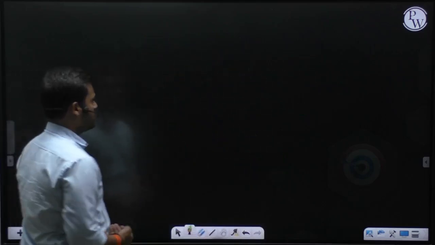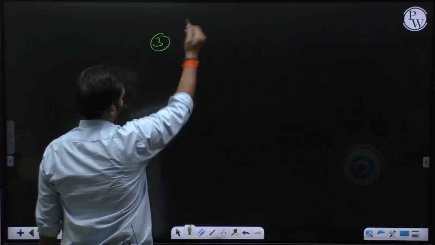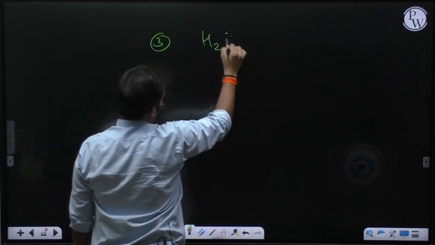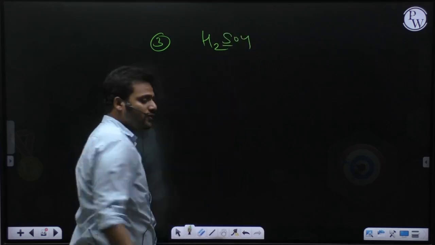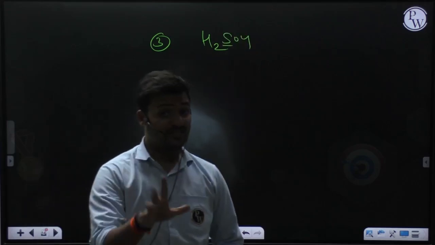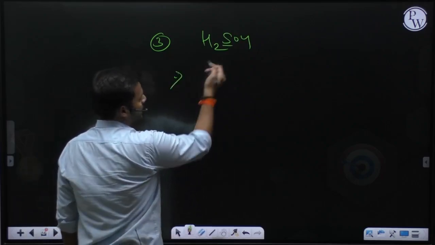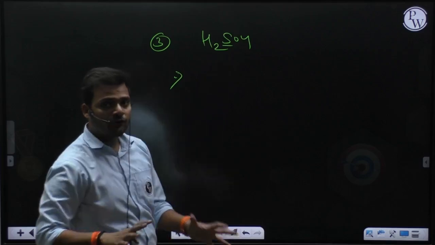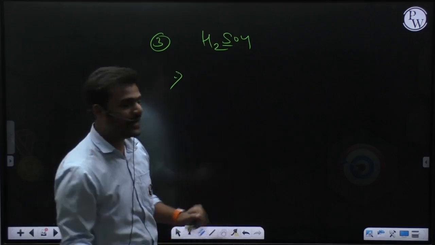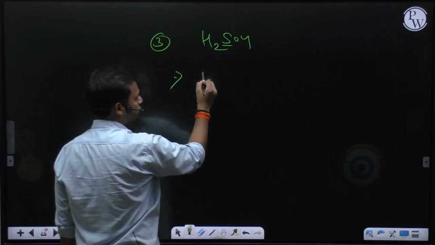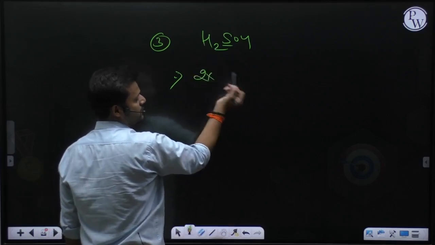Now let us solve the very last example and then we'll wind up today's class, that is H2SO4. You need to find the oxidation number of sulfur in H2SO4. According to our rule, for the element we need to find, let it be X. How many hydrogens are there? 2, and the oxidation number of hydrogen is usually +1.